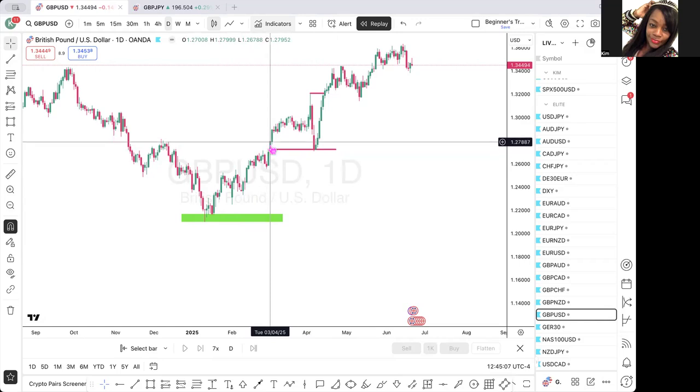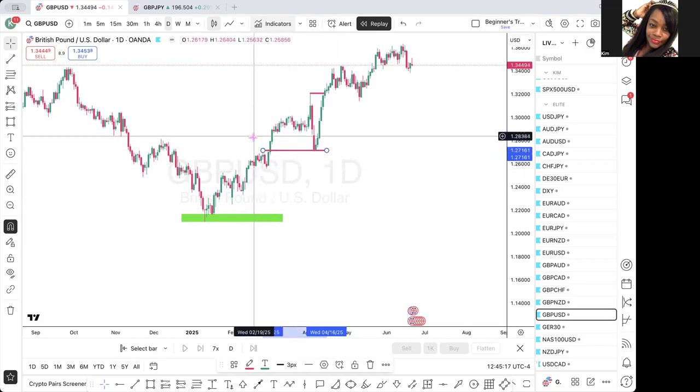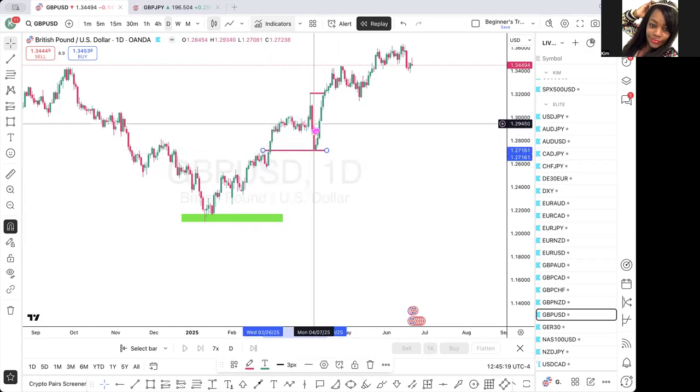And then price pushed above to break above that daily candle or the swing of this high. For me, I would have been looking at the swing of that high. Price came back, retested the area.